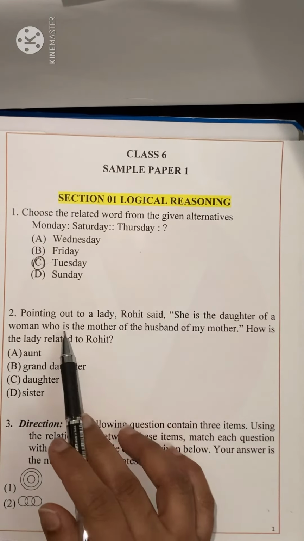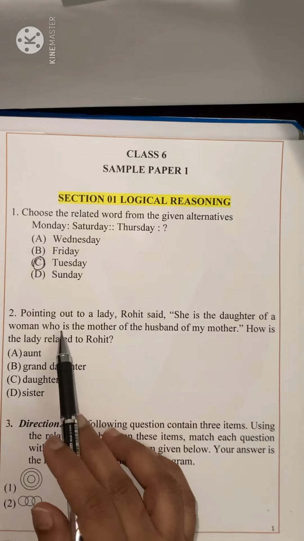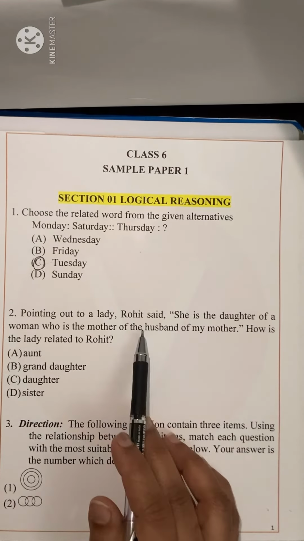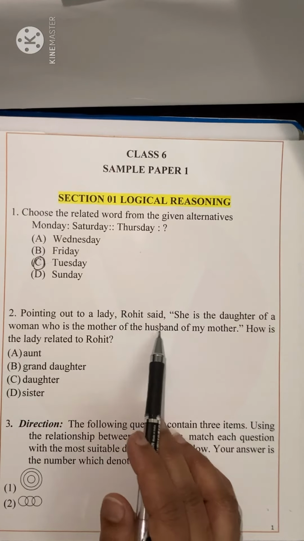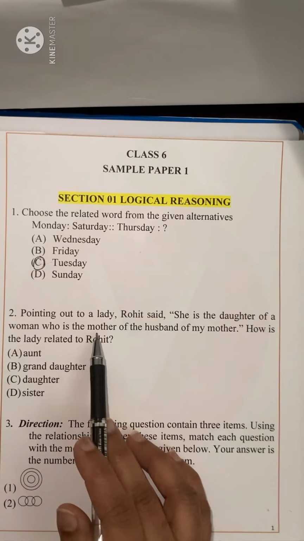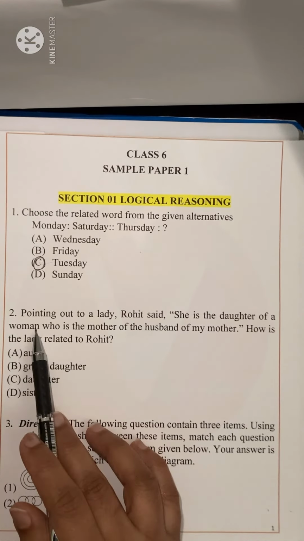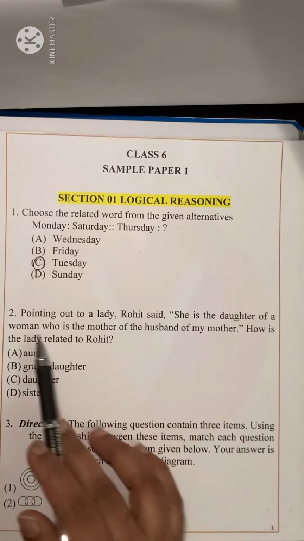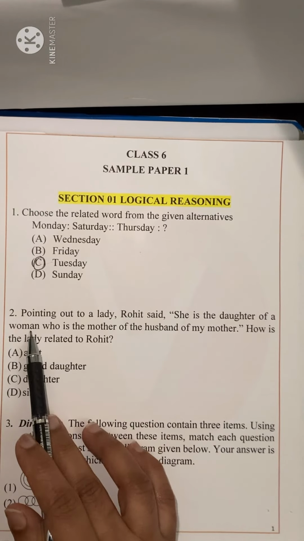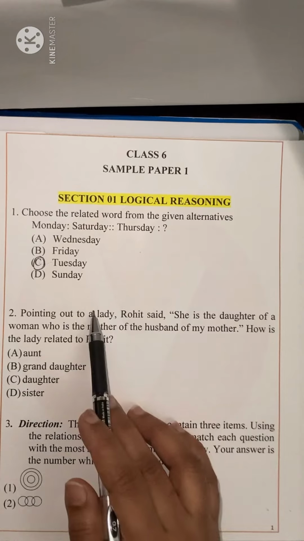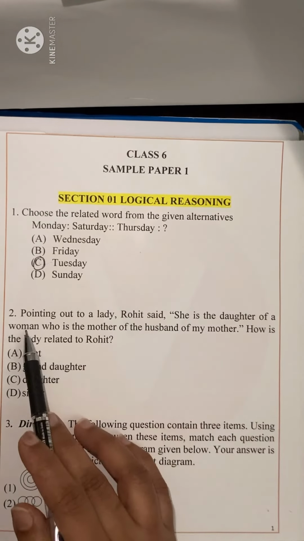Then she is the daughter of a woman who is the mother of the husband of my mother. So here Rohit's father and this one is Rohit's grandmother. This woman means she is the grandmother of Rohit. And then she is the daughter. This lady is the daughter of this woman.